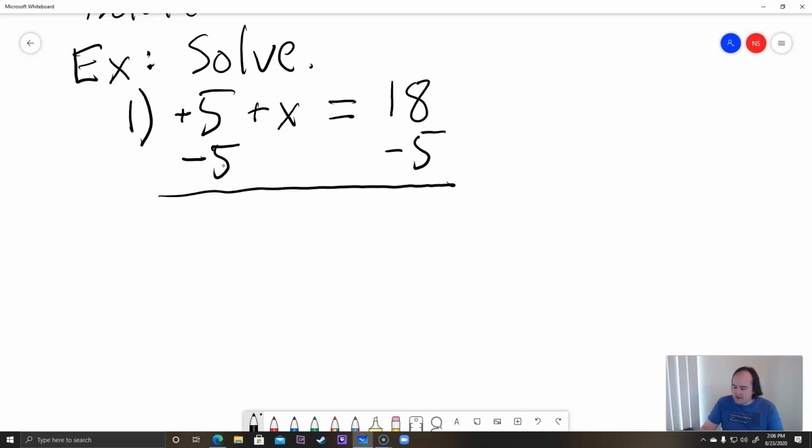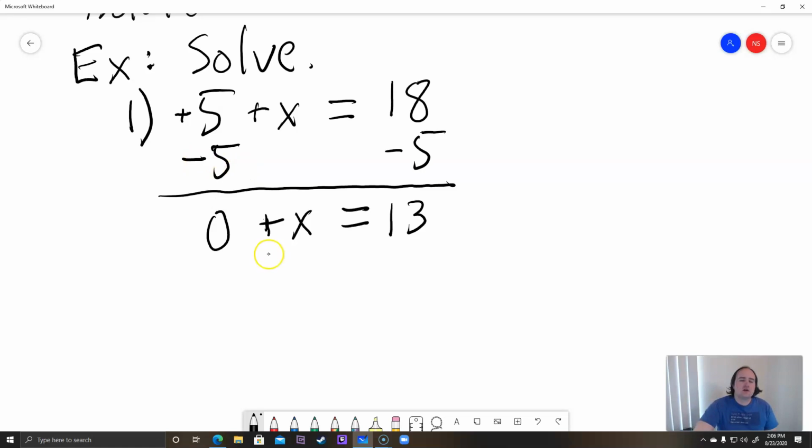Well, on the left side, the plus 5 and the minus 5 are just going to give us 0. And then we still have a plus x, so 0 plus x. And then on the right side, what's 18 minus 5? Well, it's actually 13, because 8 minus 5 is 3. Okay, so we get 0 plus x equals 13.